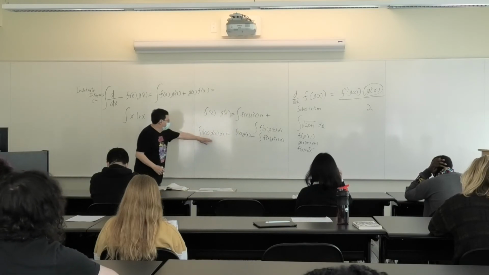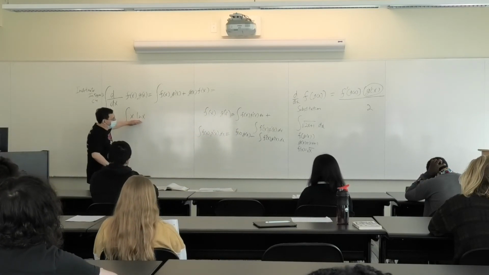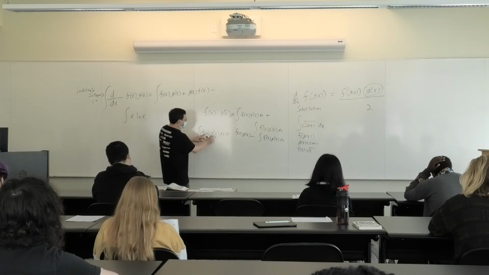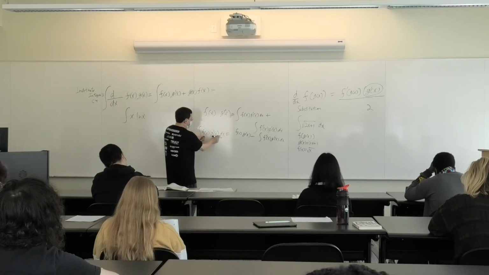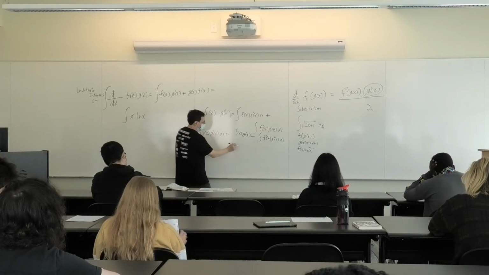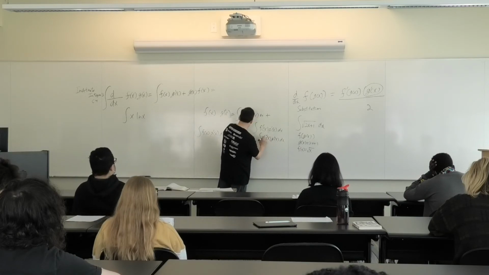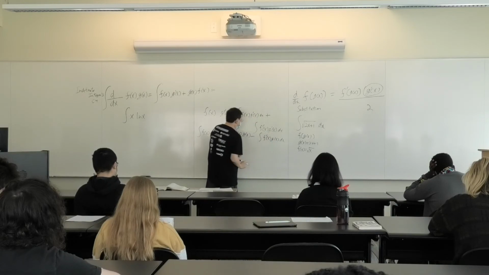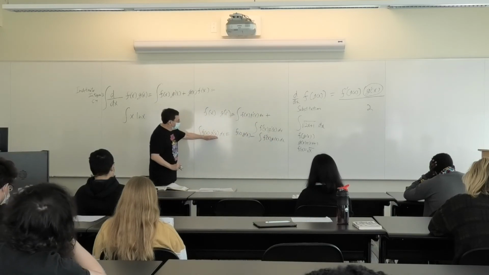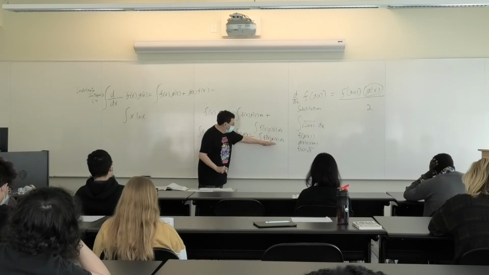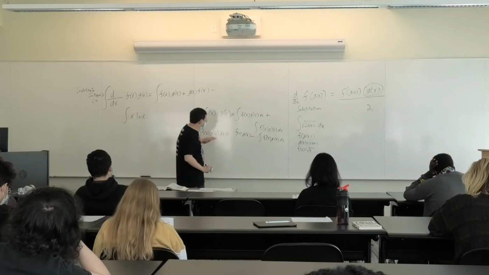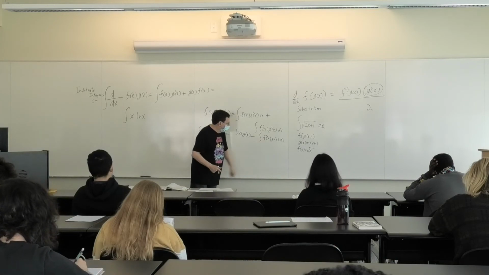So the idea is I have something here and it looks ugly. I have the product of two things. I can kind of switch their relationship here. If I find the antiderivative of g prime of x and the derivative of f of x, right, I can find that. If that integral is easier to do than this one, then I just use this formula.